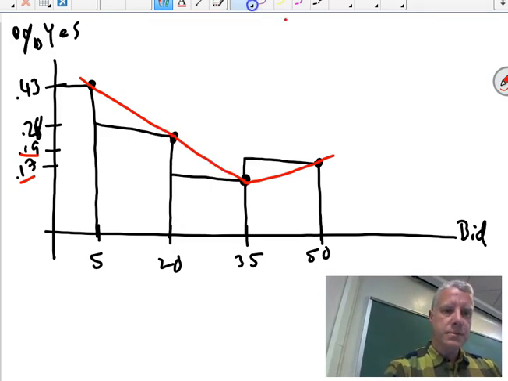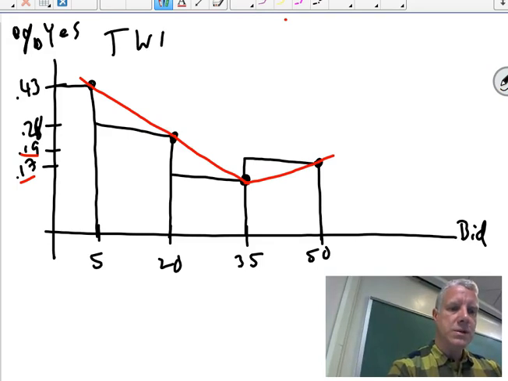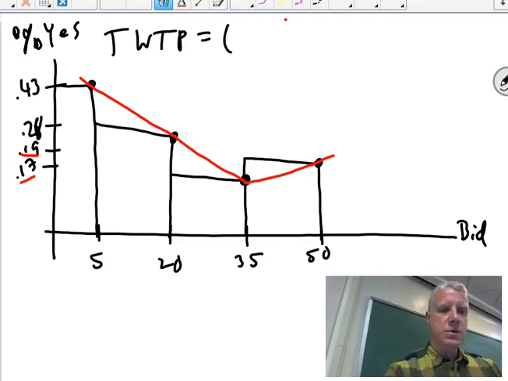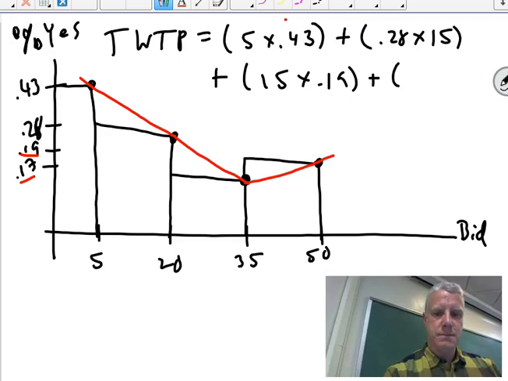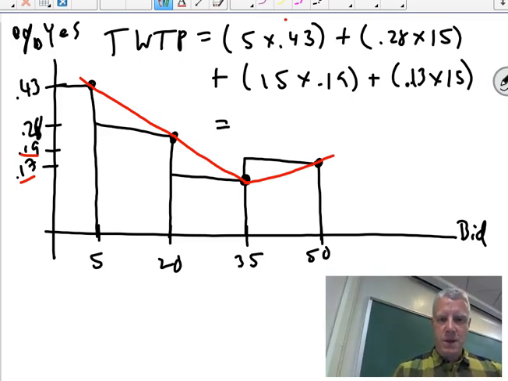Okay, so the Turnbull willingness to pay is equal to the area underneath those rectangles. So I'm going to pull up my calculator and calculate the area for each of those rectangles.